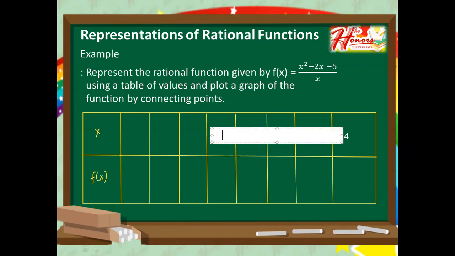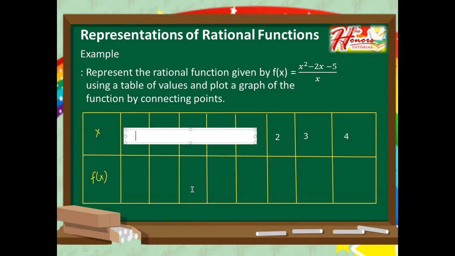Let's have negative 1, negative 2, negative 3, and negative 4. Same process, we will just substitute the value of our x here in this equation, and then that's it. We will get f of x.